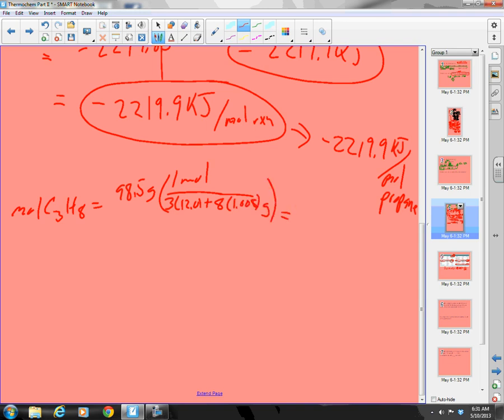And what do I get? 3 times 12.01 plus 8 times 1.008 equals, invert that, times 98.5. It looks like you get 2.233 moles of propane.